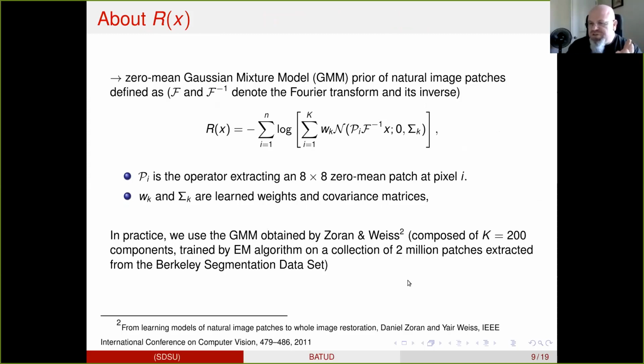Since those 2 million patches were extracted from very generic images, what happens in practice, and that's also what happens in neural nets, is that they catch patches which have very nice features, such as lines. That's basically what is learned. So I would say you're right, this is kind of hidden inside this GMM model here.